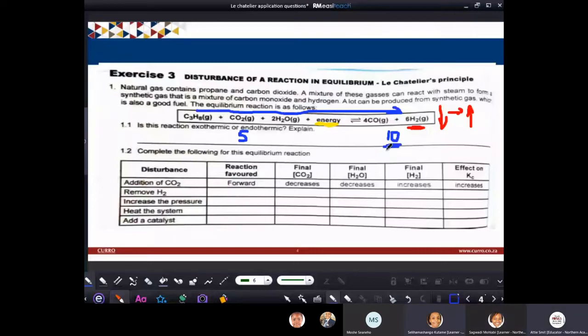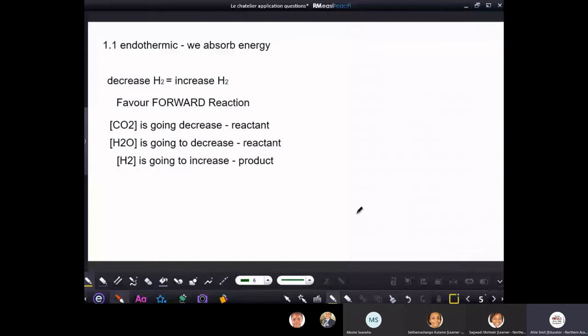All right. So now, if we increase the pressure, let's go back and see what Le Chatelier says. If I increase the pressure, Le Chatelier will want to do the opposite. Do you agree, guys? So it will want to decrease the pressure.